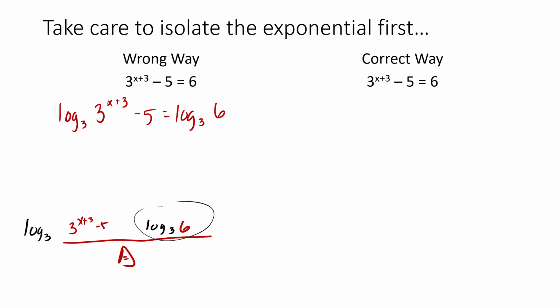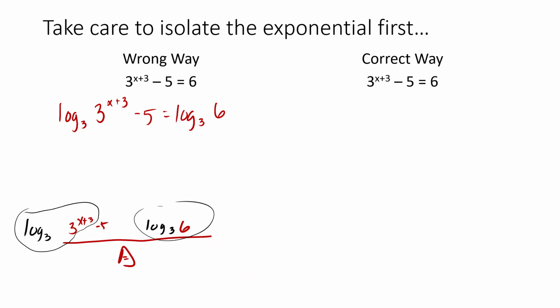If you have your perfectly balanced equation and you take the log base 3 of the entire right-hand side, you cannot do a partial log base 3 on the other side. You can't do log base 3 of only the 3 to the x plus 3 and not touch the 5 at all.